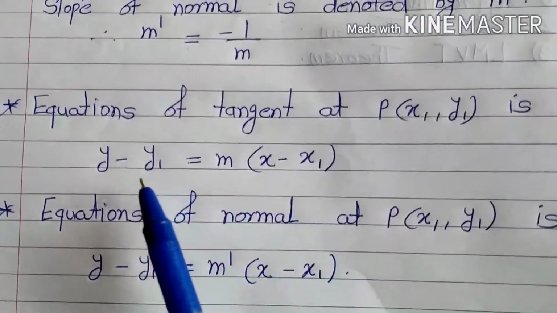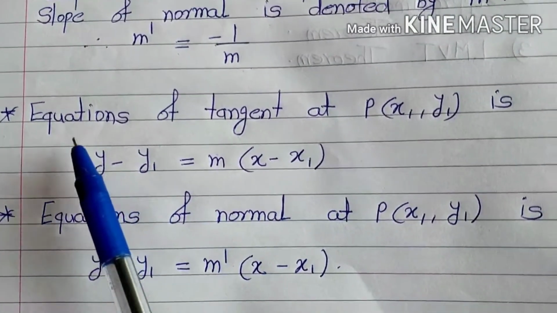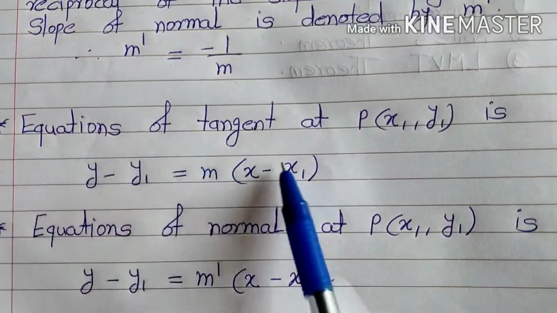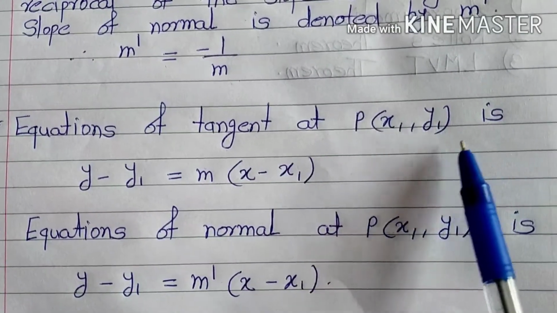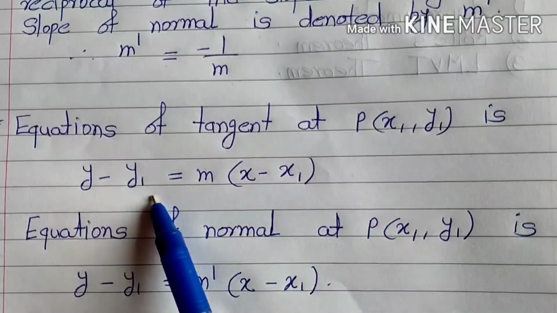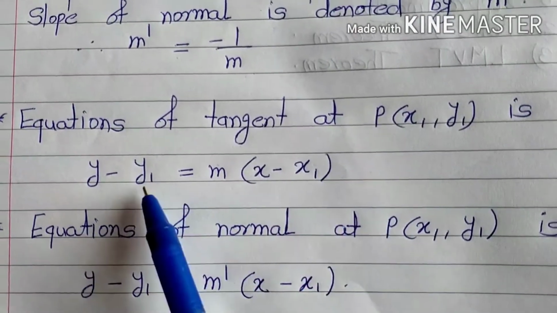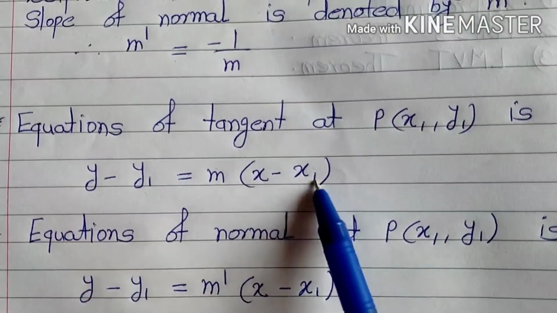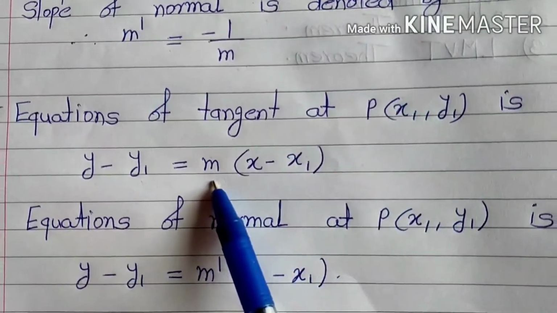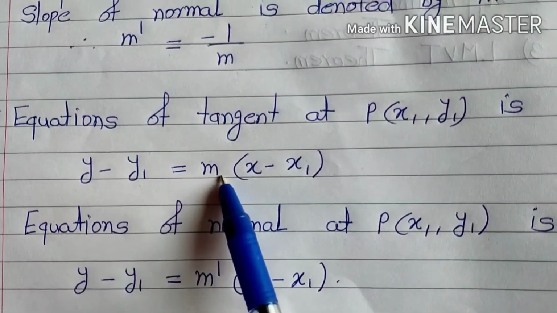Now here are some equations. Our first equation is equation of tangent at point (x1, y1): y minus y1 is equal to m times (x minus x1). Here y1 and x1 represent the point and m represents slope of tangent.